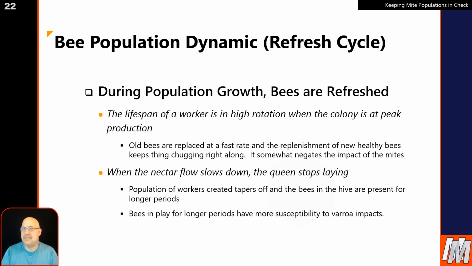As you do your visual inspections, everything looks perfectly fine, but there's one dynamic to consider that's kind of keeping this visual of mite impacts away from you, and it has to do with creating new bees. As the queen is laying up to 1,000 eggs a day and rotating out the stock of bees as they wear out, doing all the work that they do, you tend not to see the impact to the bees, but the storm is coming.